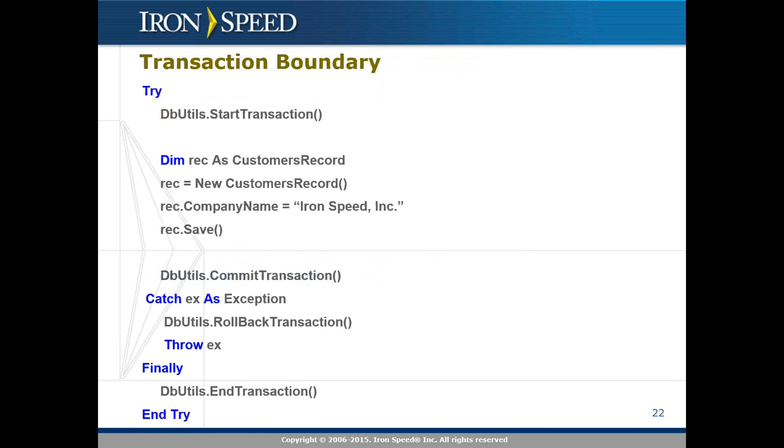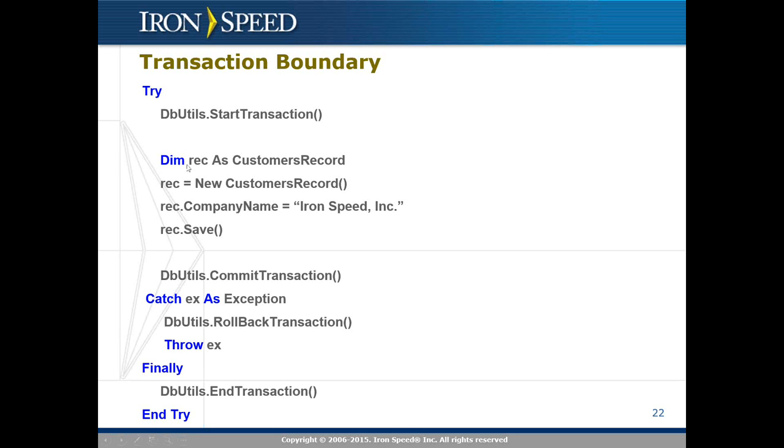And here is a perfectly good example, where I have, this one's in Visual Basic, a try-catch block. First thing I do inside my try is I start the transaction using dbutils. dbutils is part of the base classes. So base classes .utils.dbutils, I believe, is the syntax for that.